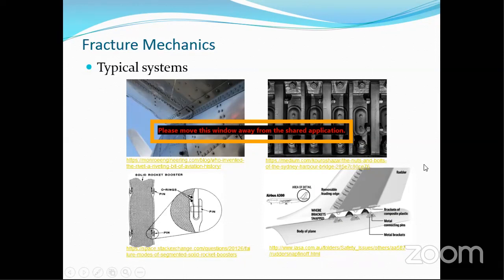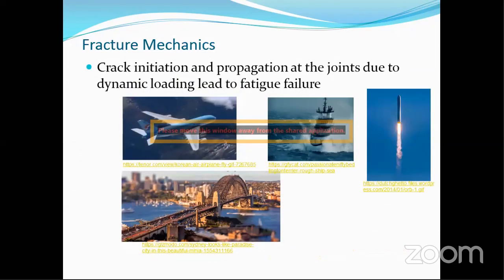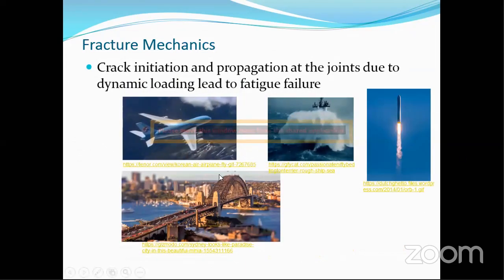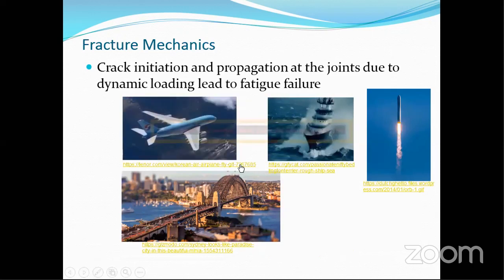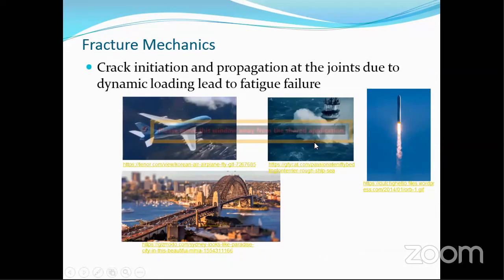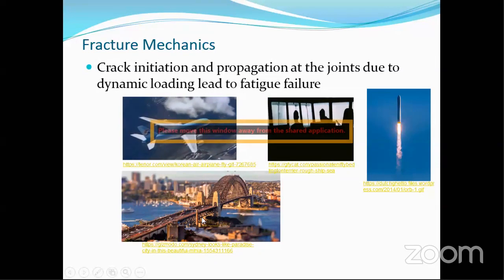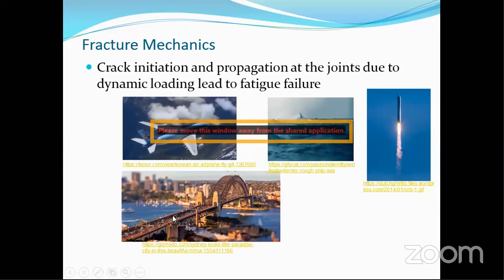In all these systems we are using different fasteners, which are the critical locations for initiation of cracks. So crack initiation will take place due to dynamic loading at all these joints. This is common to the aircraft industry, shipbuilding industry, space, bridge structures, or even automobiles.